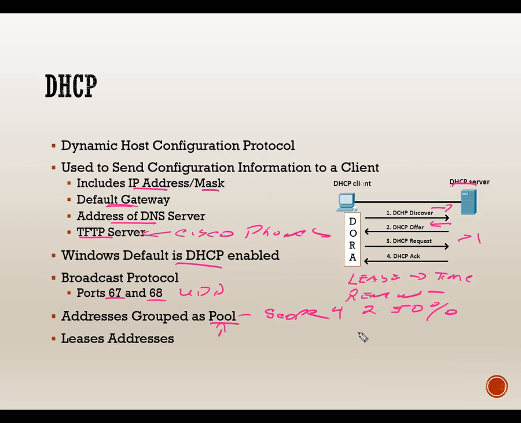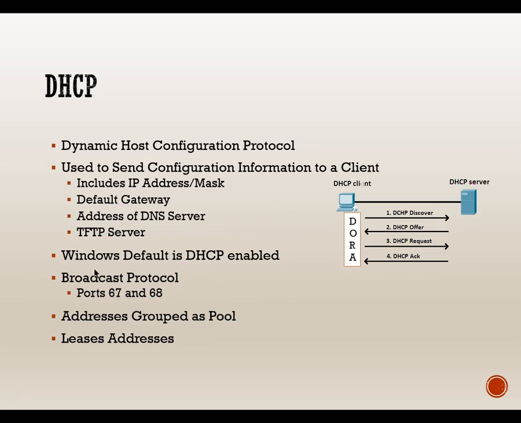If it's not renewed at 87.5% of the time, it goes into the panic mode and tries to find any DHCP server to give it an address. At 100% of the time, it gives it up. Just like if you had leased an apartment, when the lease expired, they'd expect you to move out. When the lease expires, they expect us to give the address up to move out.